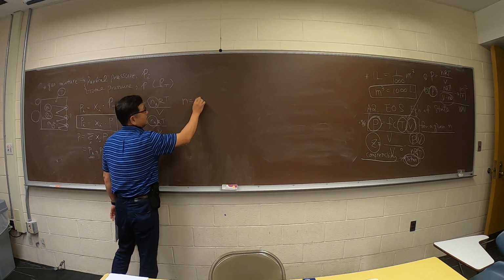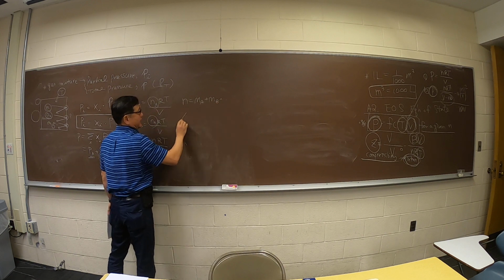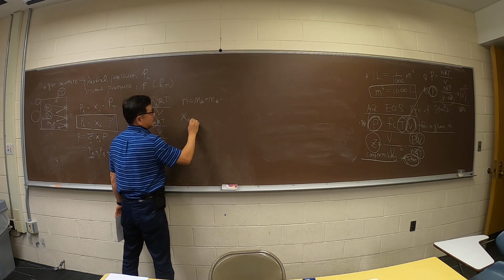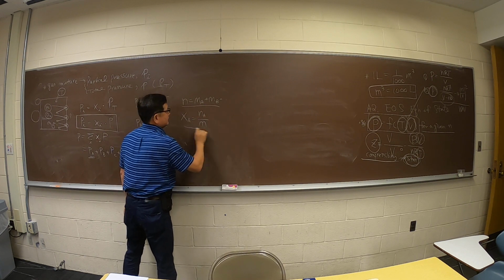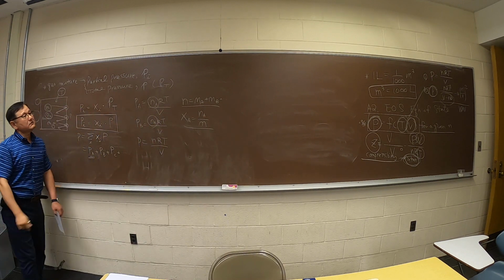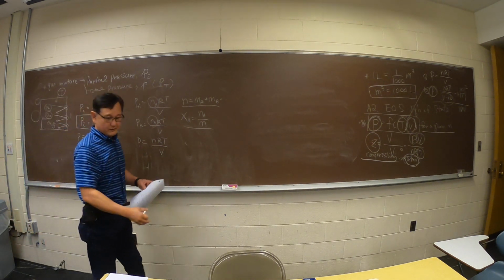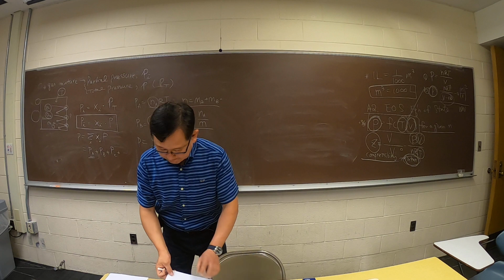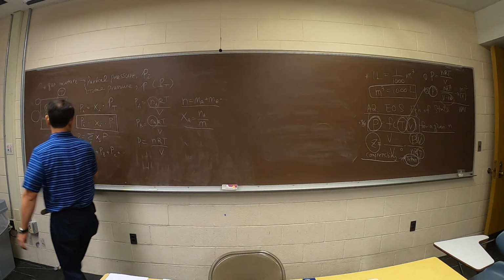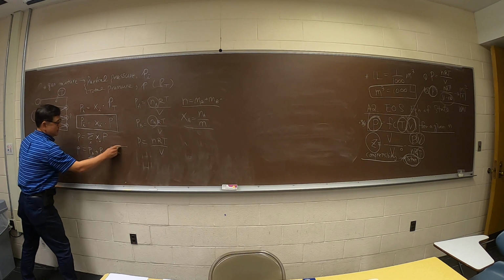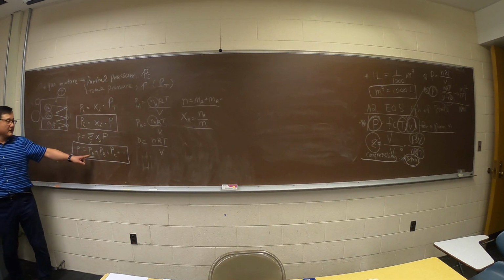N is N_A plus N_B, x_A is N_A divided by total N, and this equation should make sense to you. The whole idea is the pressure. This equation is probably easier for you to see.